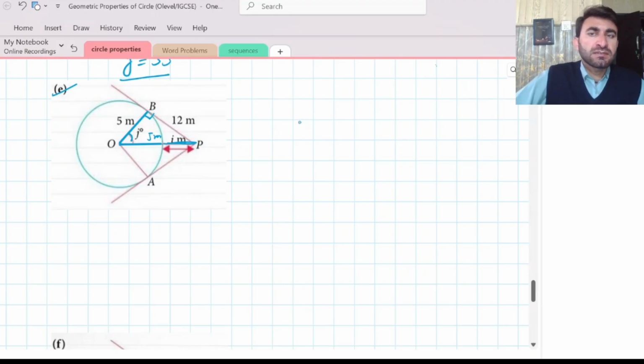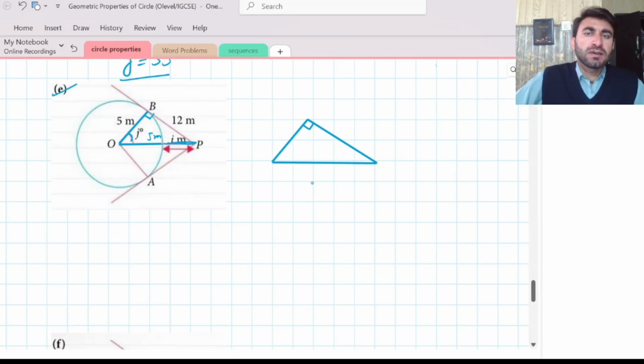So in this right triangle, here are the three sides: 5 meters, then 12 meters, and the side opposite to the right angle is 5 plus I. So I can use the Pythagorean identity, and that shall become 5 plus I whole square equals 5 square plus 12 square. So 5 square is 25, while 12 square is 144.